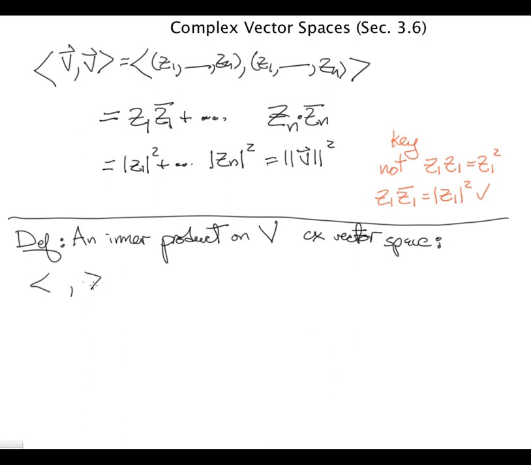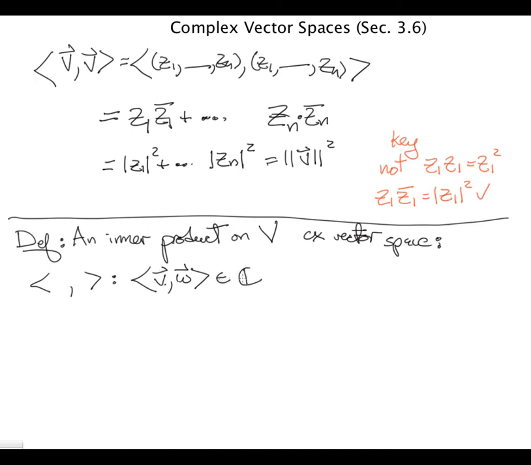It's written like this, and it takes a pair of vectors v and w in this complex vector space to a complex number. This is going to be a complex number.